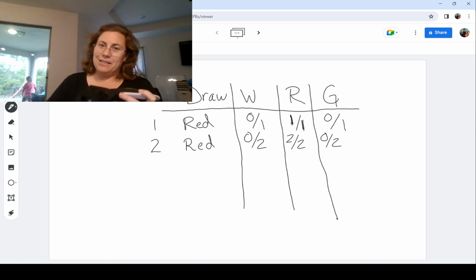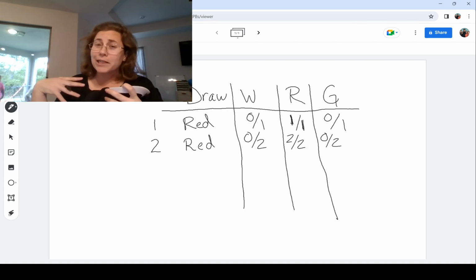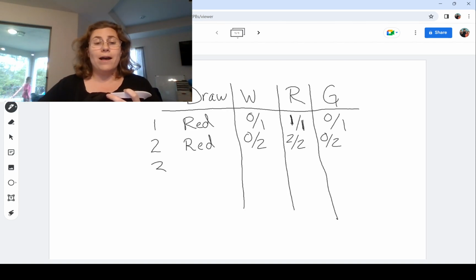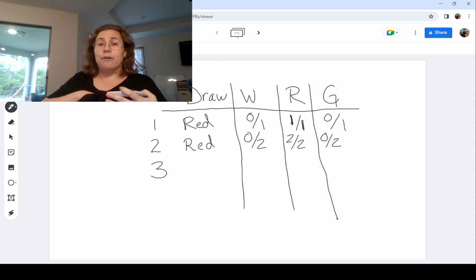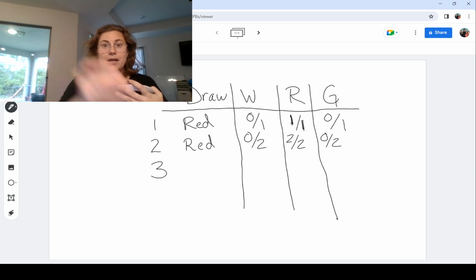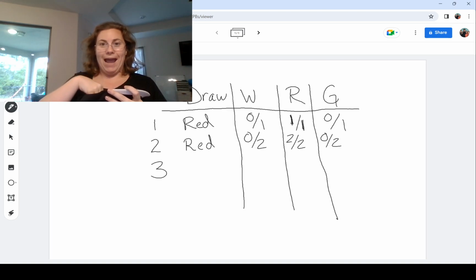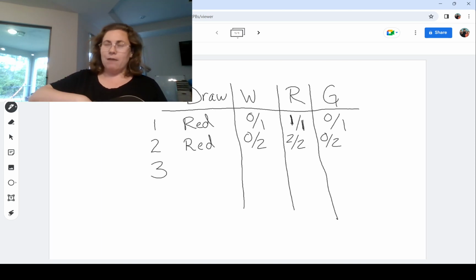Now, I said to you, and hopefully I wasn't lying, that there's 3 colors in here, so we're going to go again on our third draw, and in our denominator, it's going to be out of 3 draws. Do note, I've been putting my little pieces off to the side. Do not put them back into your bag because if you replace it, it's going to ruin the sampling experience. So I'm digging. I looked, so I'm going to try to look away.